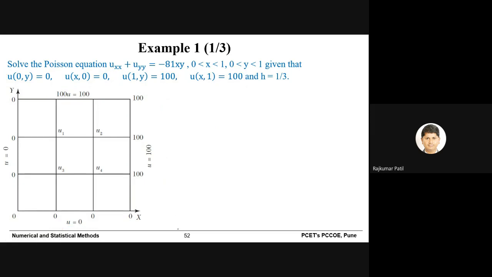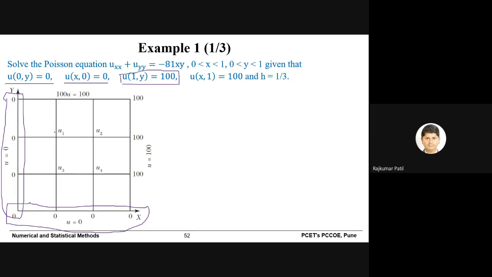One additional thing I would like to mention: using equation 1, we assigned all the boundary values on the left side. Using equation number 2, we assign all the values to the bottom side of the mesh. These are the boundary conditions. However, when we use equation number 3, there is a bit of modification.